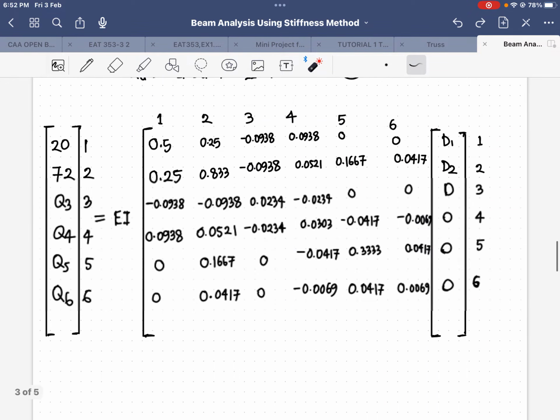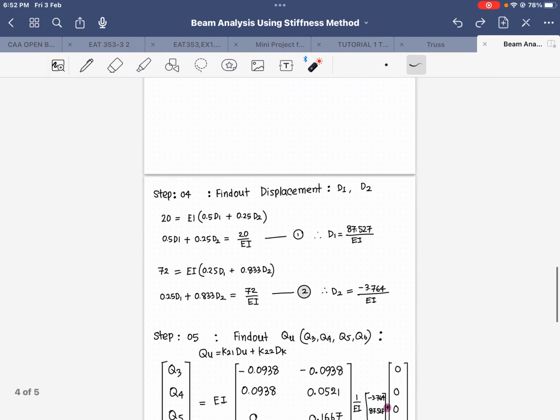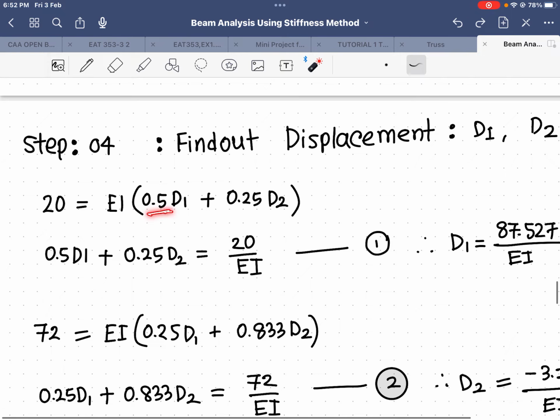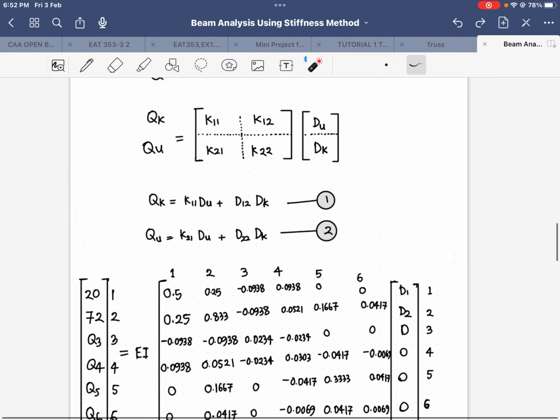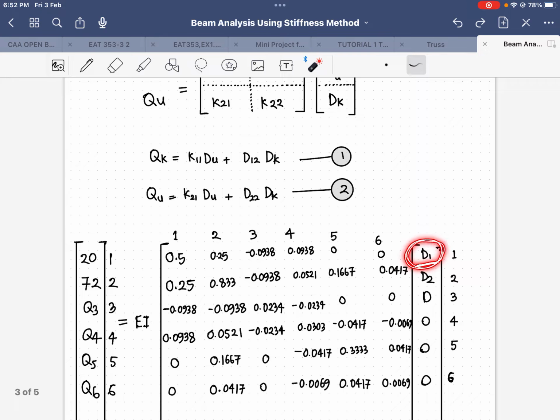You see in here, this is the 20 for the QK. Then K11 means first row first column, so I put the 0.5. Then I have to multiply with du. The unknown displacement is d1, so I put the d1.